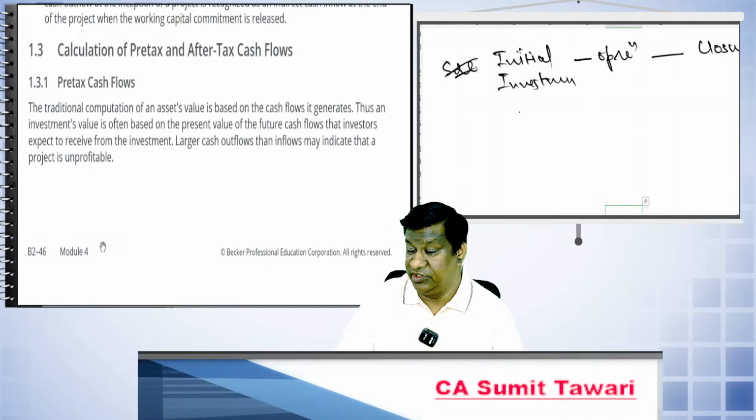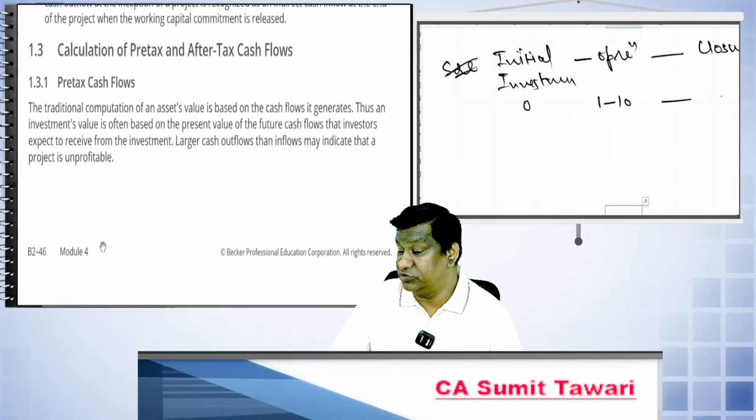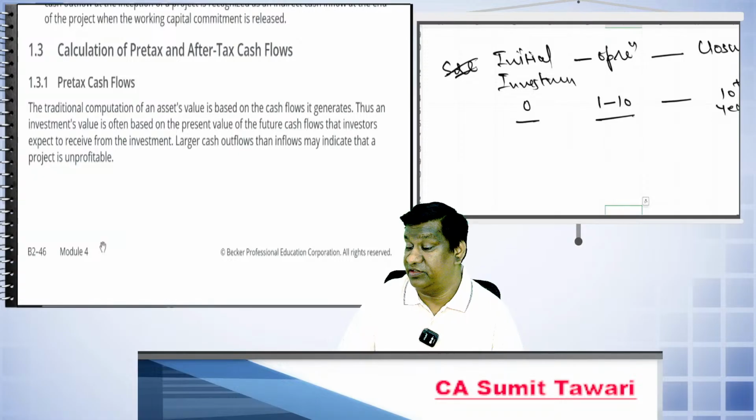In initial investment, we consider year zero. Operation, say it is a 10-year project, is years 1 to 10, and the closure is in the 10th year. That you also need to keep in mind. At the end of the 10th year, whatever closure happens.